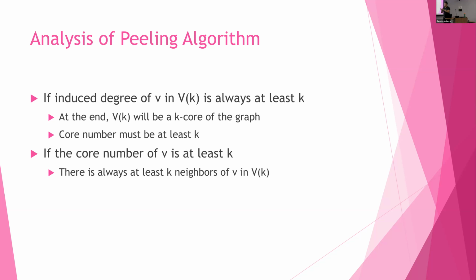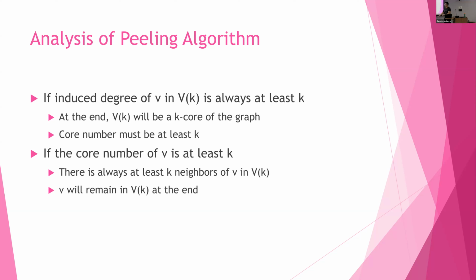For this K-core, none of the vertices are ever peeled off because they always have induced degree at least K. So it never gets peeled, and as a result, v will remain in this candidate V of K at the end, which implies that indeed V of K at convergence is a maximal K-core.